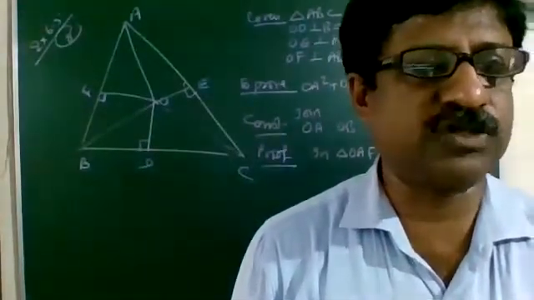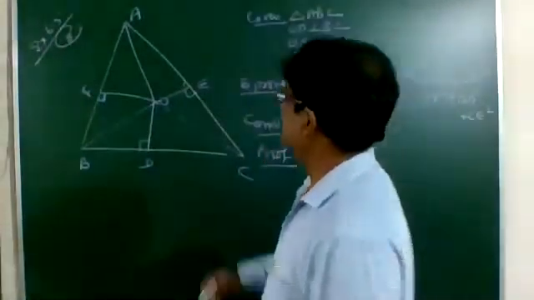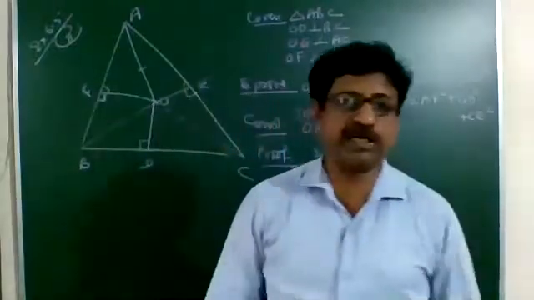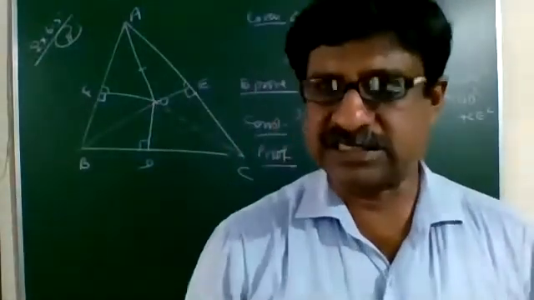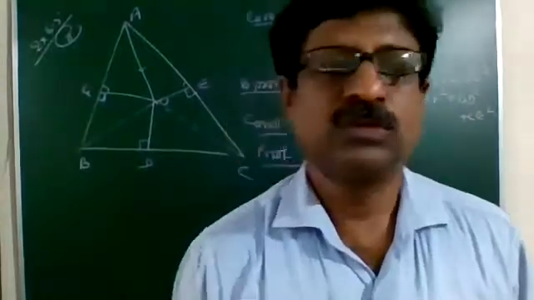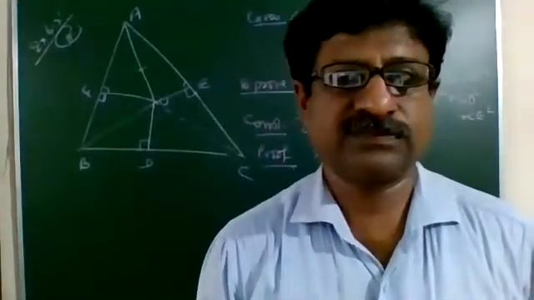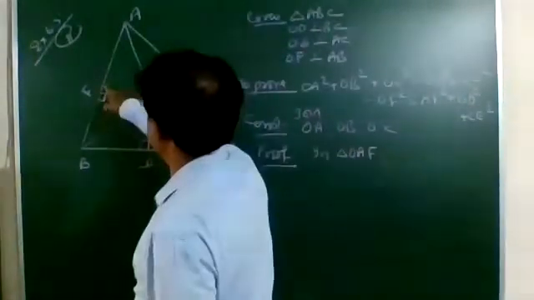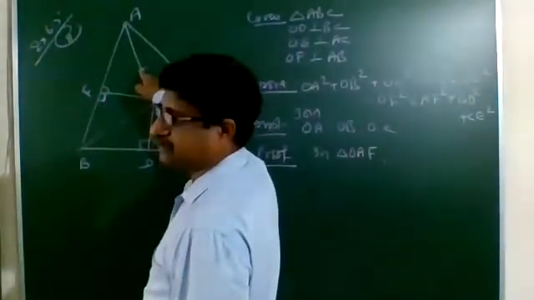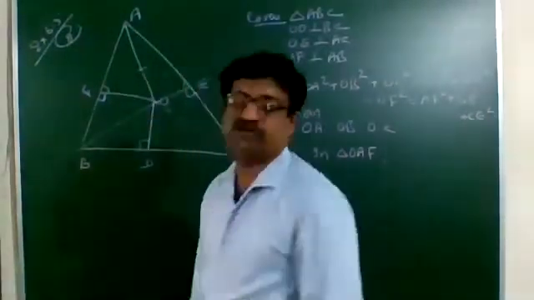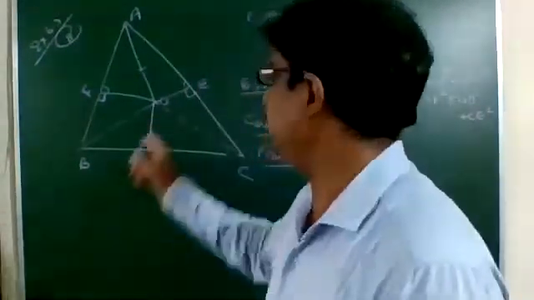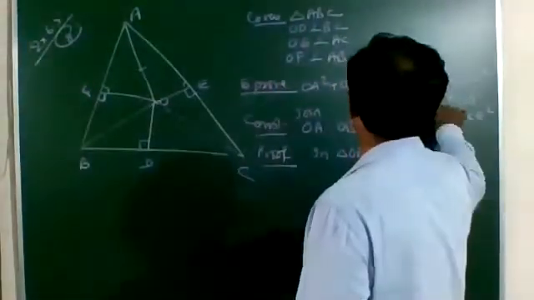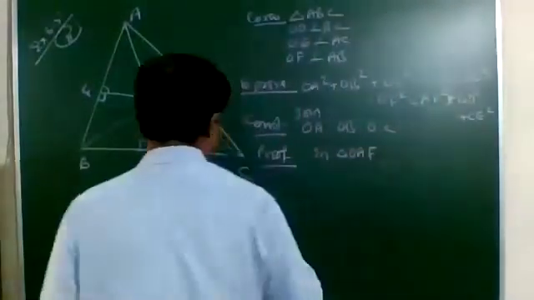Hypotenuse is the side opposite to 90 degrees. Here, the angle F is 90 degrees, so OA is the hypotenuse because it is the side opposite to 90 degrees. OA square will be equal to OF square plus AF square. But we will find AF square on the right side, therefore we'll start from AF square.